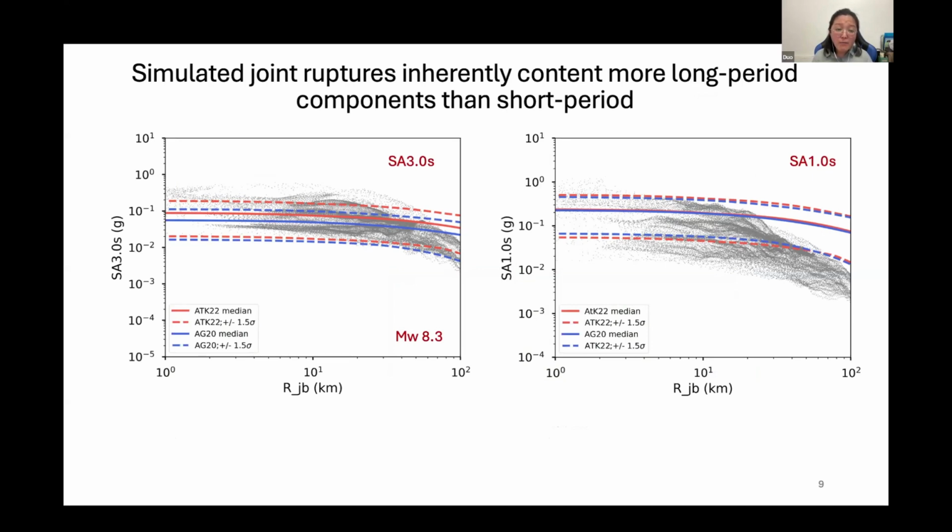We compare both for periods at 3 seconds and 1 second. So we see the longer period is more consistent with the GMPE, but for the 1 second, a much shorter period, the comparison is a little bit lower than that.